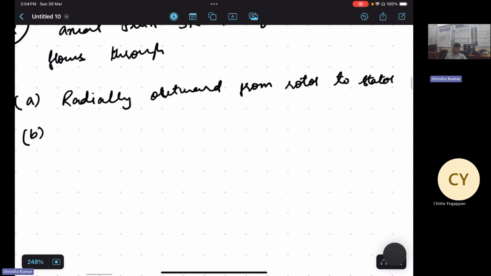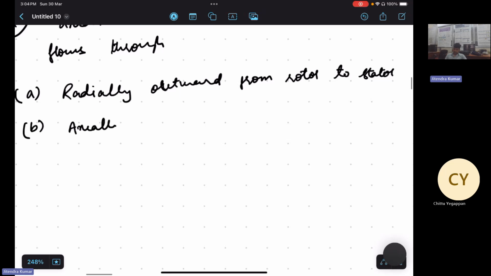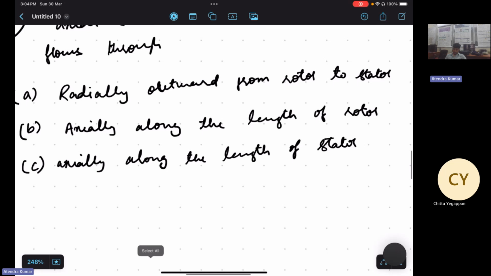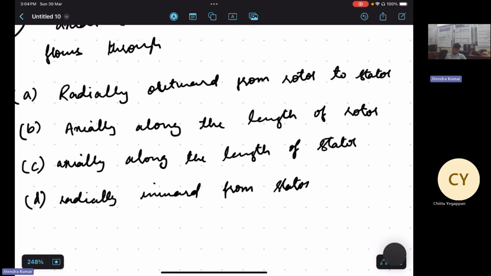B, axially along the length of the rotor. C, axially along the length of the stator. And D, radially inward from the stator to rotor.